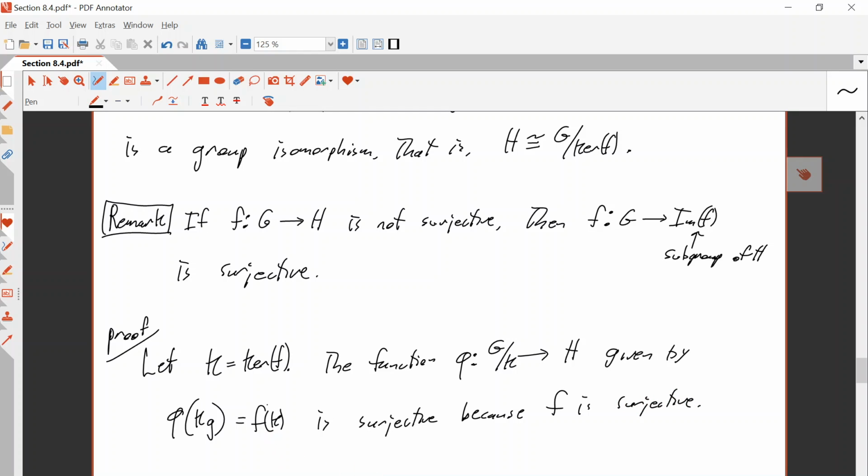Right? Every element of H is of the form F of g for some g.